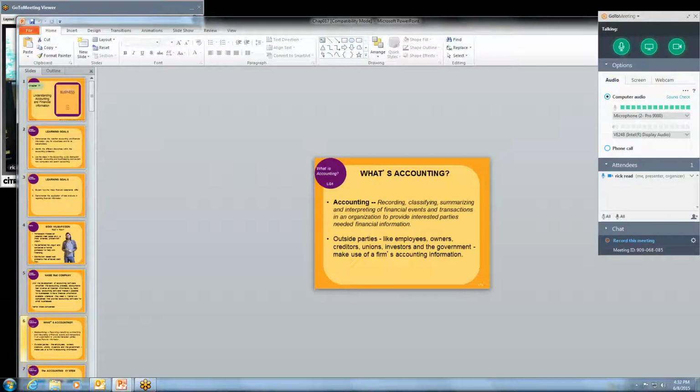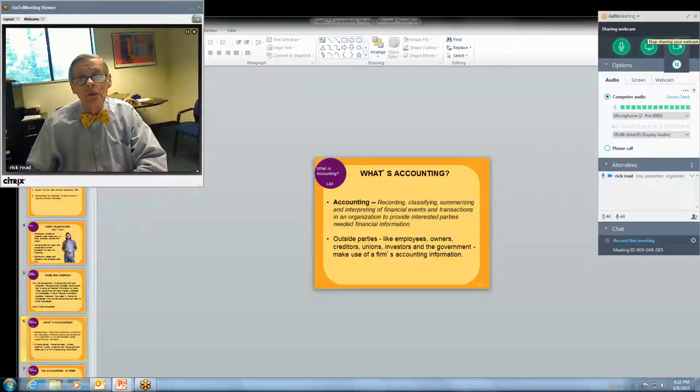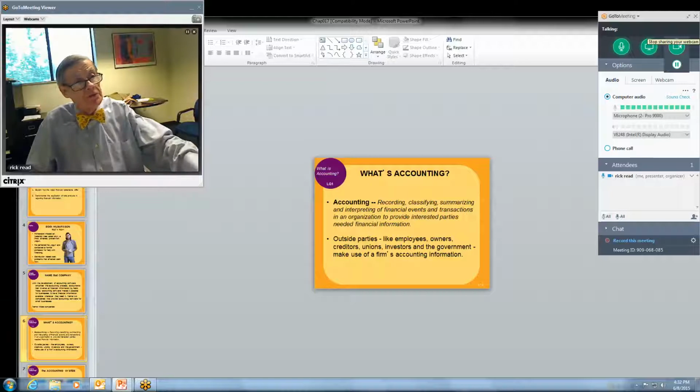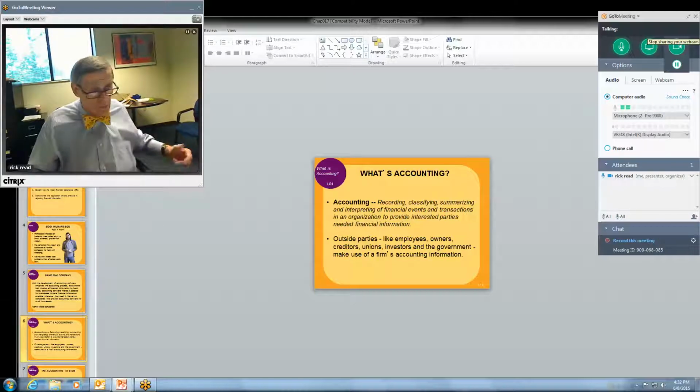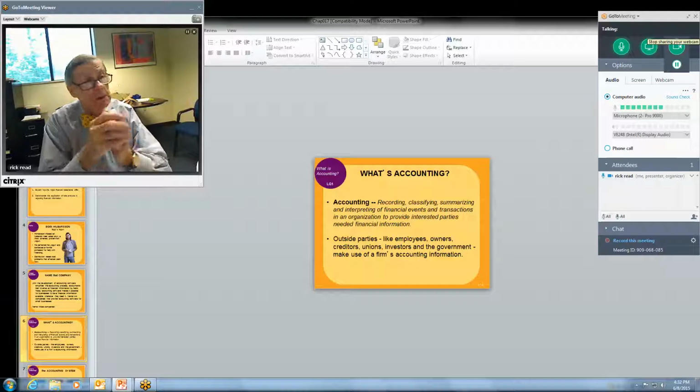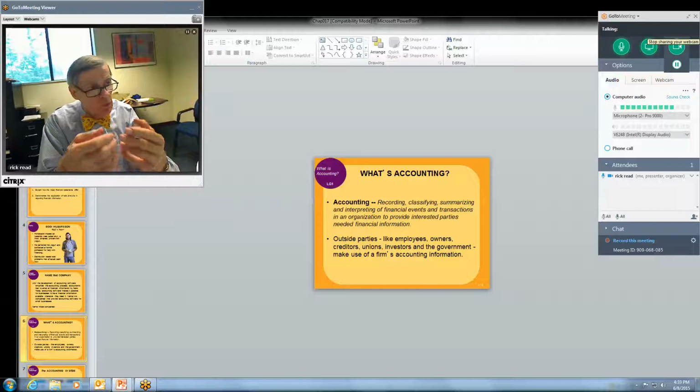So we begin the chapter by asking, what is accounting? And notice, without going through that whole definition there, which you can read for yourself and also see in the margin on page 464, it is simply gathering information, interpreting that information, and then getting that information out to people who have a need to know.